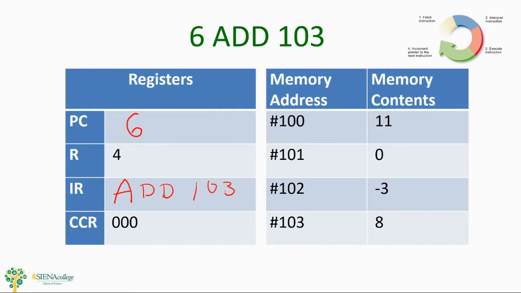What an add does, it says take the value stored at 103 and add it to the register. So there's an 8 in 103 right now, and there's a 4 in the register, so 8 plus 4 is going to give us 12. That was our execute.